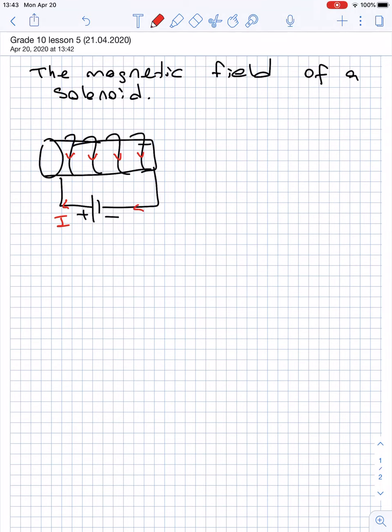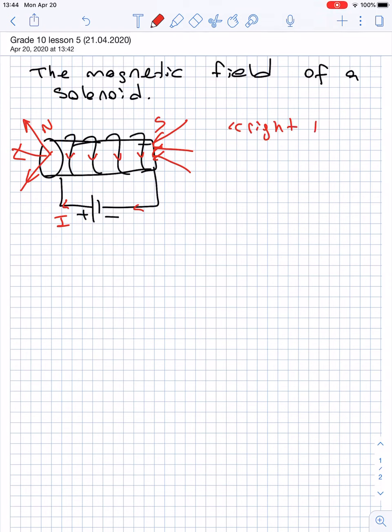The solenoid acts like a magnet, with the positive side like a north pole and the negative side like a south pole. Magnetic field lines go outside for north poles, and for south poles the field lines are inside.